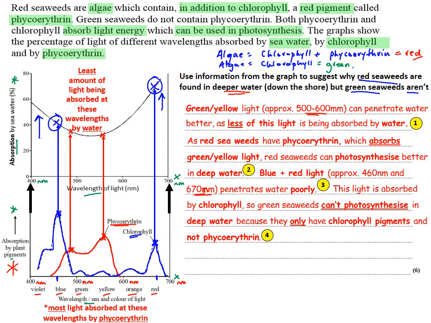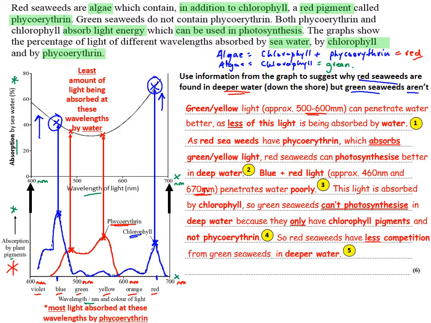Green seaweeds cannot photosynthesize in deep water because they only have chlorophyll pigments and they do not have phycoerythrin. So this light, the blue and the red light, can't penetrate the water as easily because it's absorbed to a greater extent by the water. So green seaweeds can't photosynthesize in deep water because they can only absorb this light, blue and red, but it's being absorbed by the water instead.